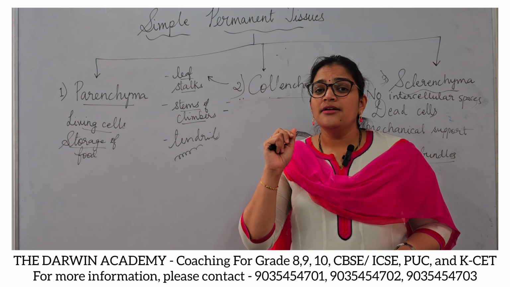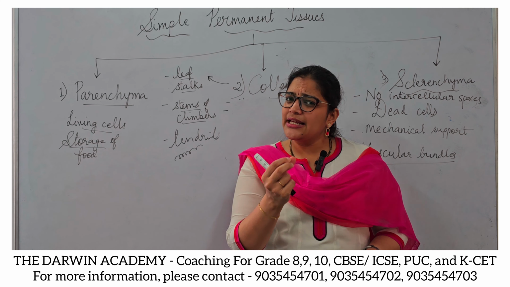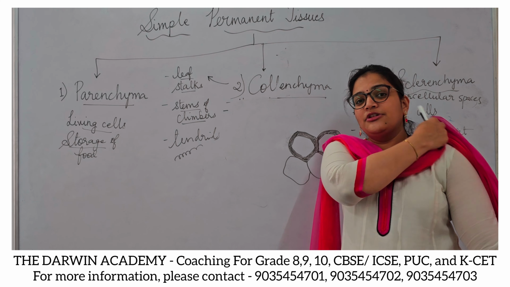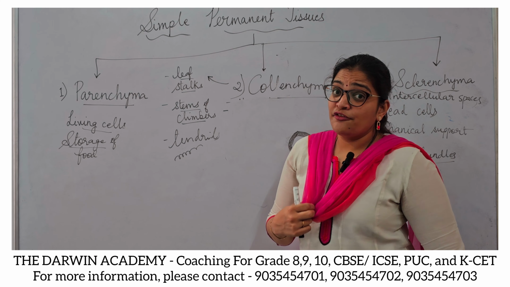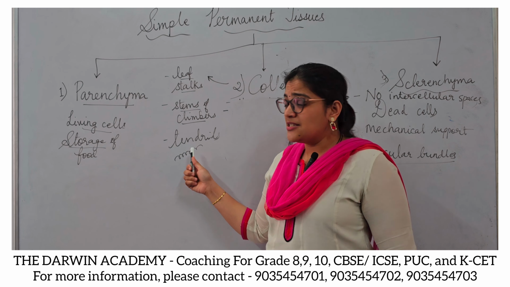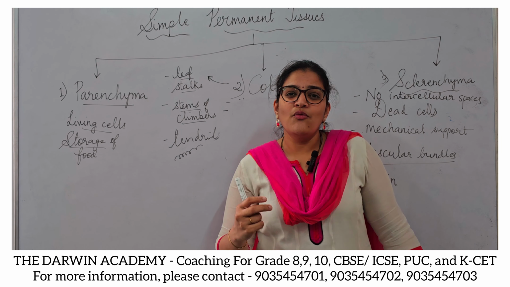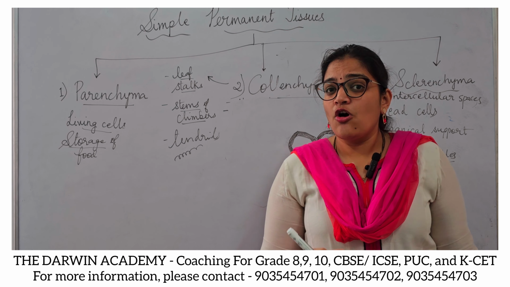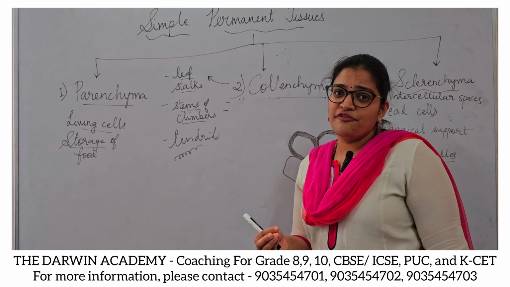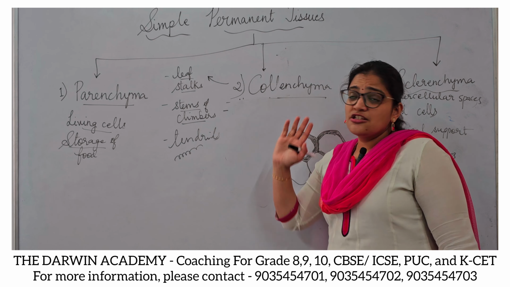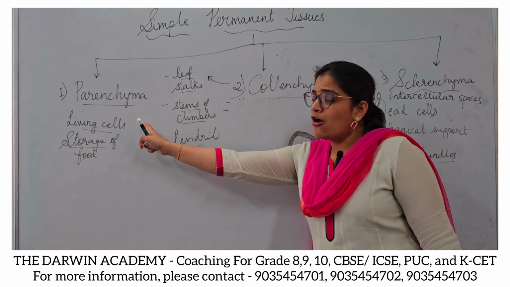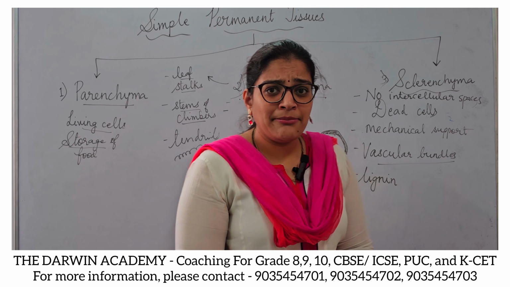This provides a little bit of mechanical support and flexibility to the plant. These tissues are found in tendrils, leaf stalks and stems of climbers, wherein flexibility is also required along with a bit of mechanical support. The cells of collenchyma are slightly more elongated than the parenchyma cells.